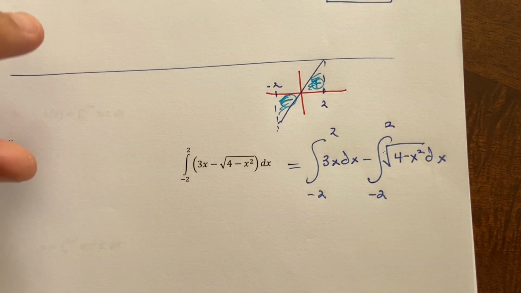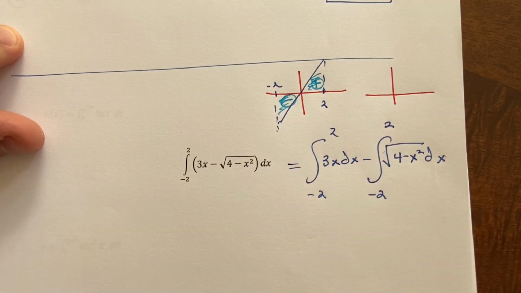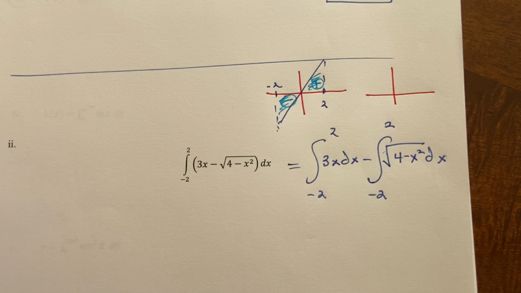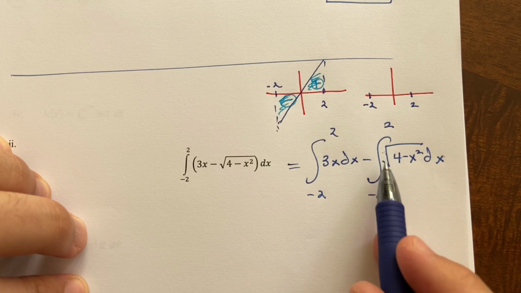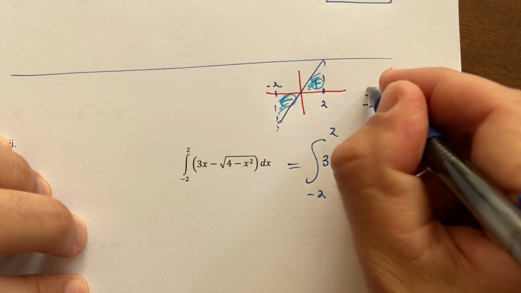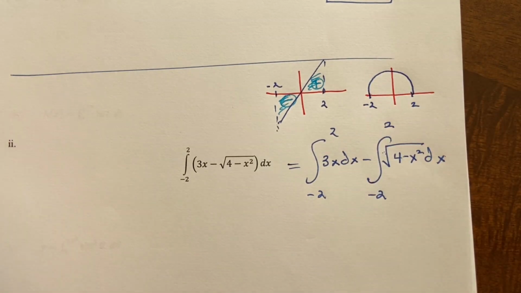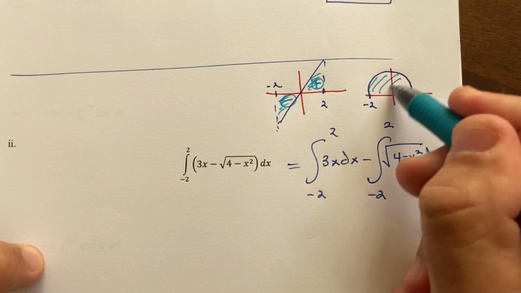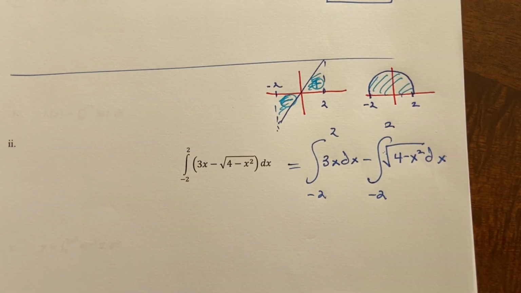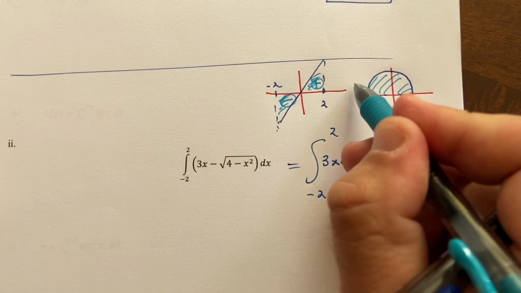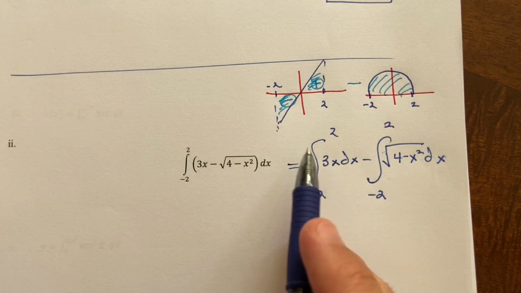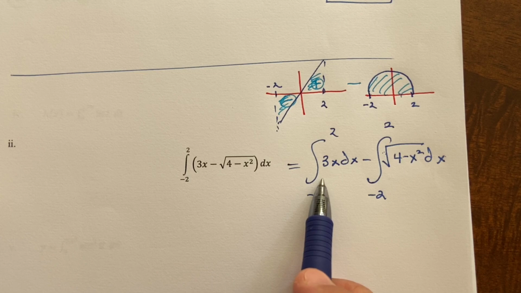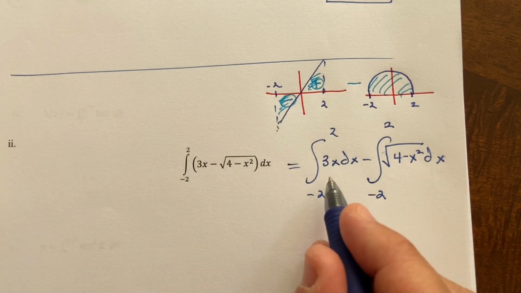So we would have essentially from -2 to 2, if you rework this, a circle centered at 0, 0, but just the upper half. So we would ultimately want to find this area and then subtract again this other area. Just by symmetry, this is going to be a 0 right here.